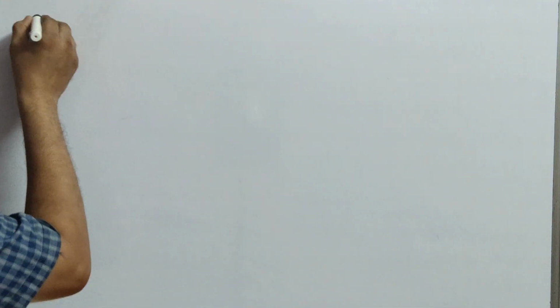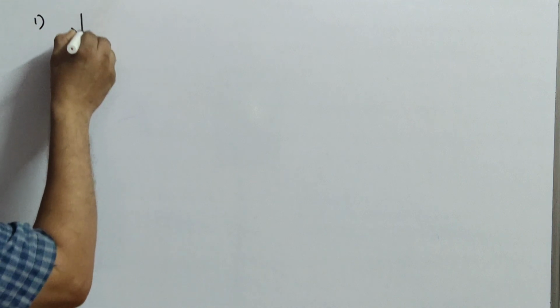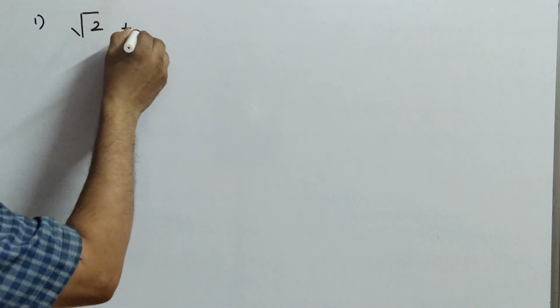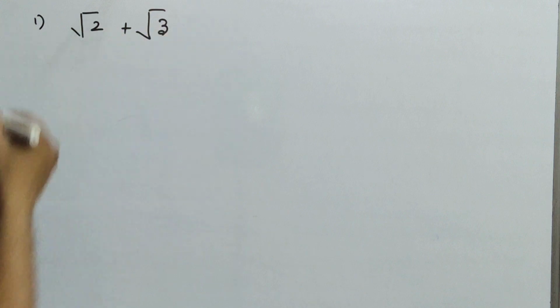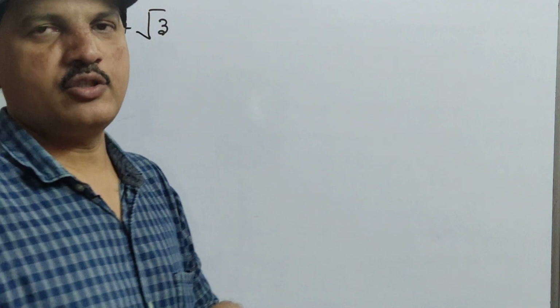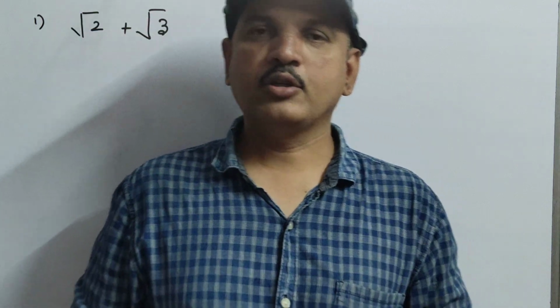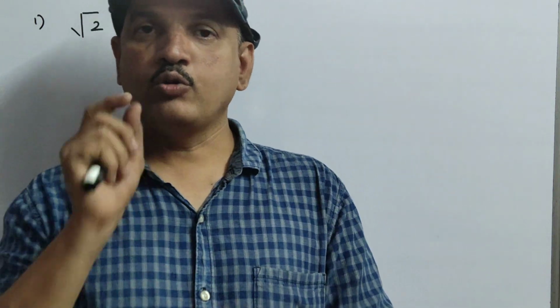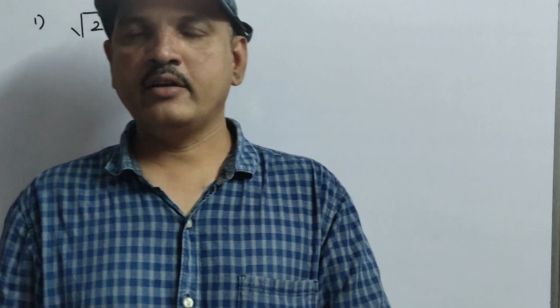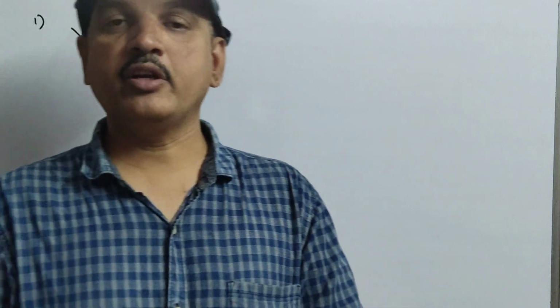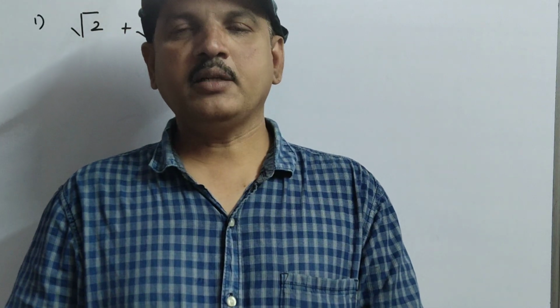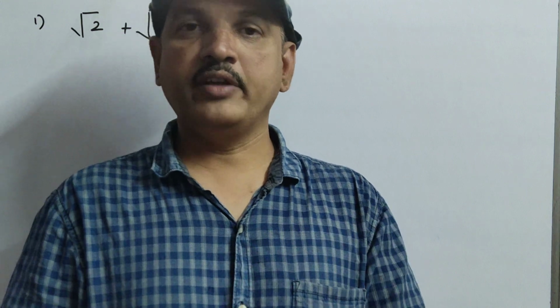Now here I am giving you one question: root 2 plus root 3. Why did I tell you in the starting class about algebra? Because you all know how to add, when to add, when not to add, and when to do subtraction and when not to. Multiplication and division, you are almost all very clear.